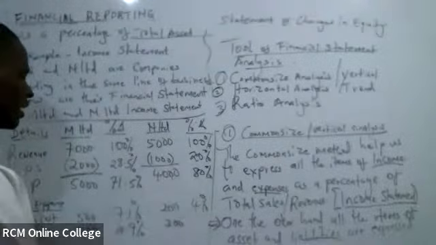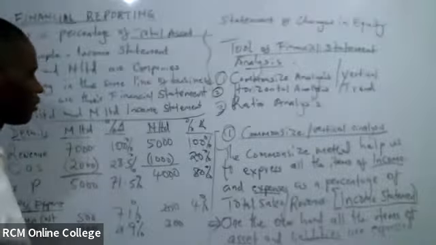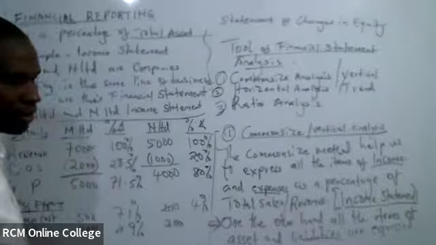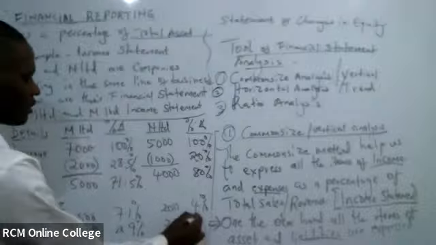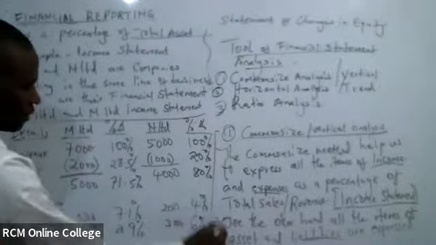What about on the other end? On the other end, 300 divided by 5,000 times 100. It will be more than 4 kidogo. 6%. Great.